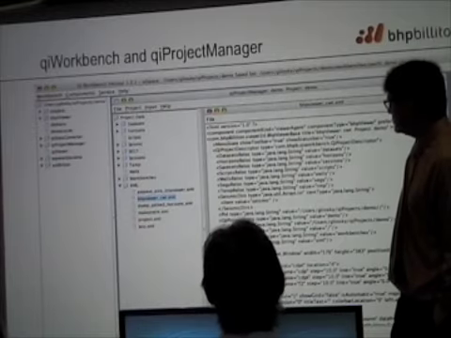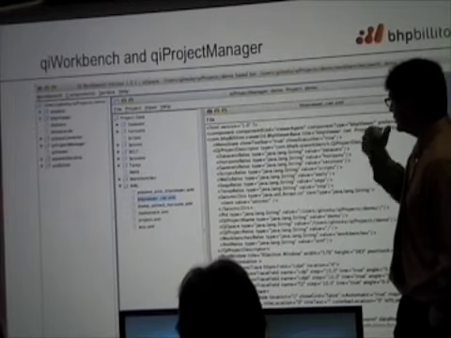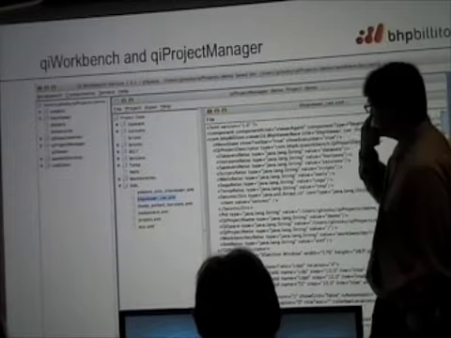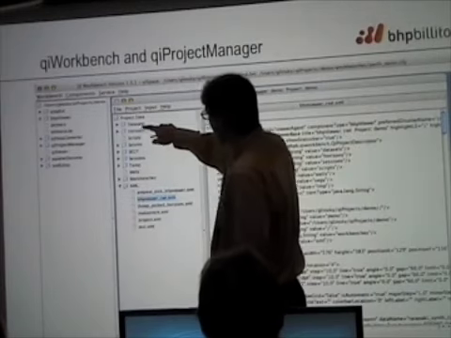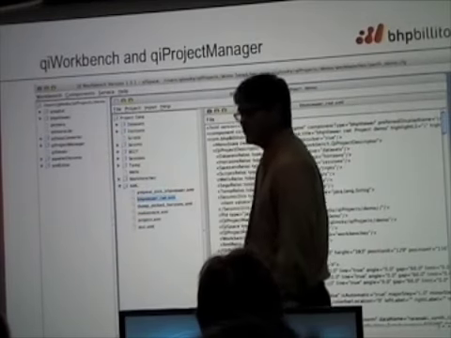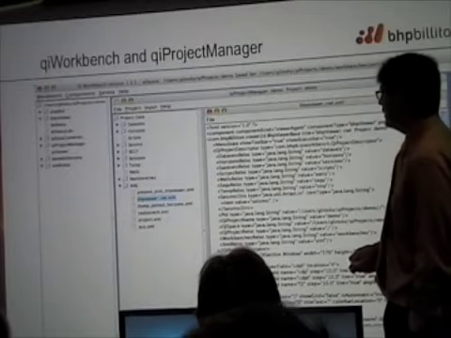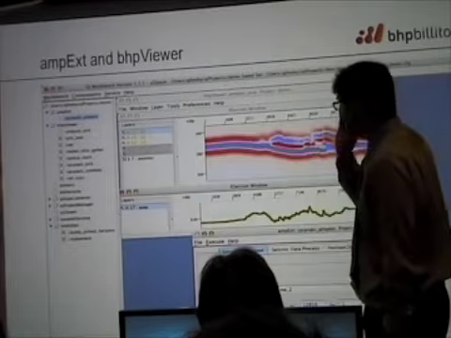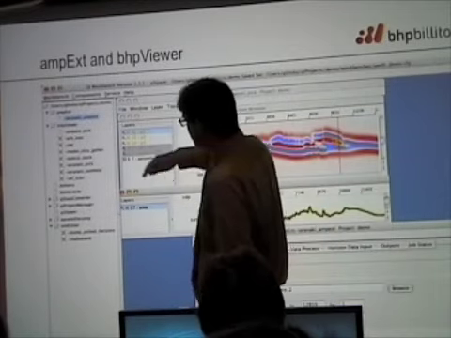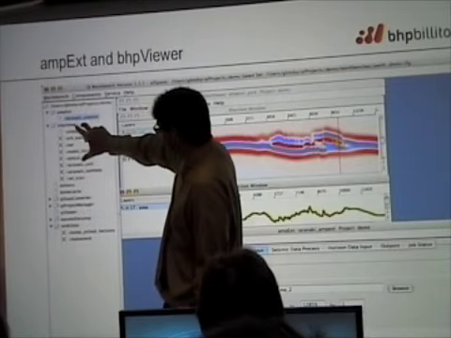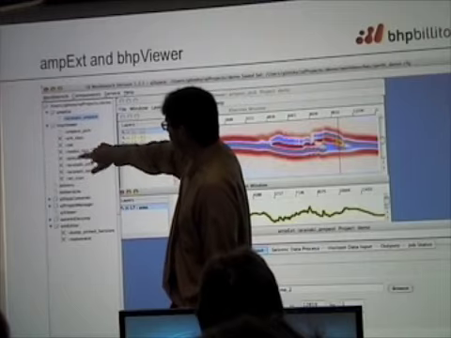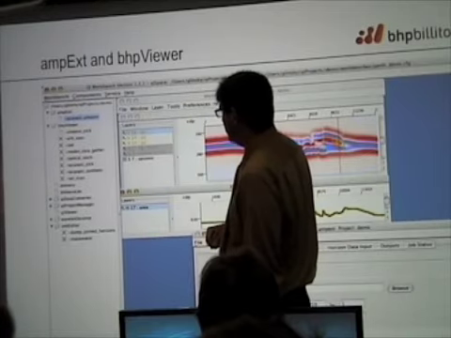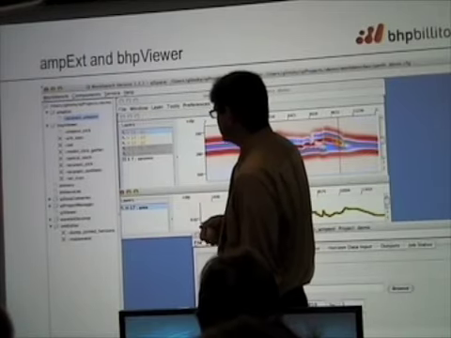Then we have a project selector, or a project manager, so that you can see what all your data sets are. You can actually drag data sets over to the viewer to view them, for instance, that are in your project. You also end up having saved within your desktop different viewer sessions that you can open, so that you can see something before or after, let's say, an inversion or an amplitude extraction.